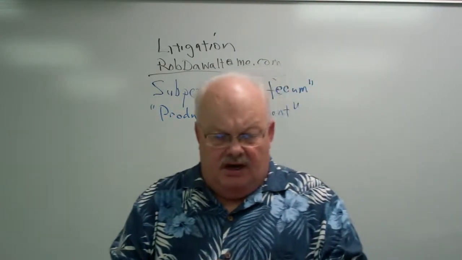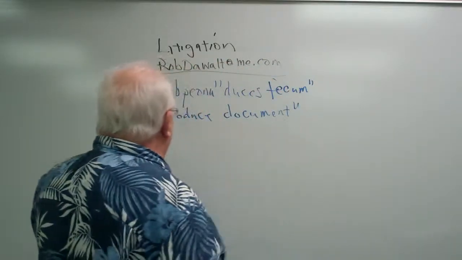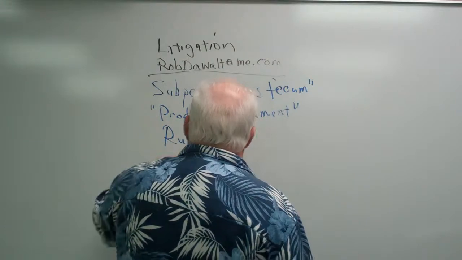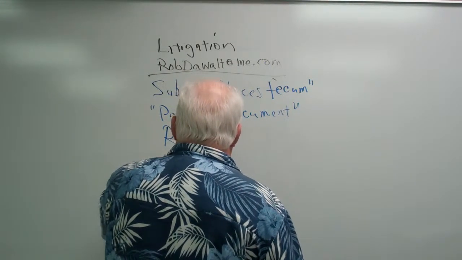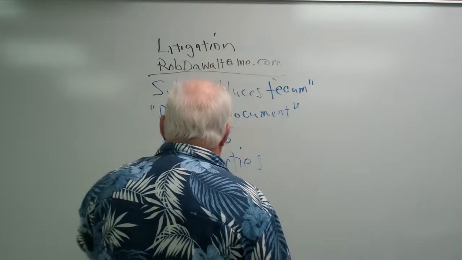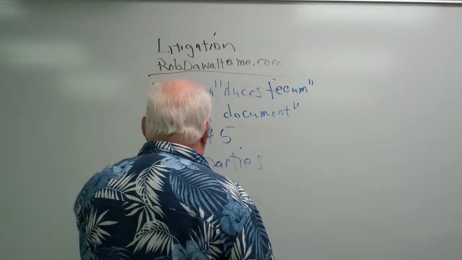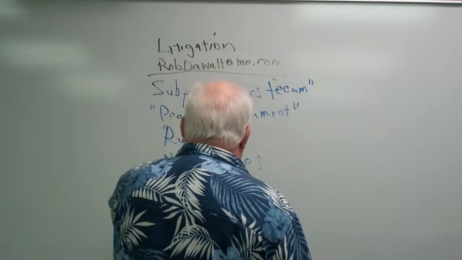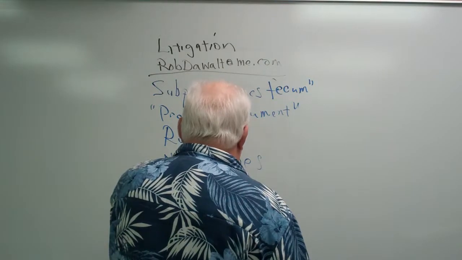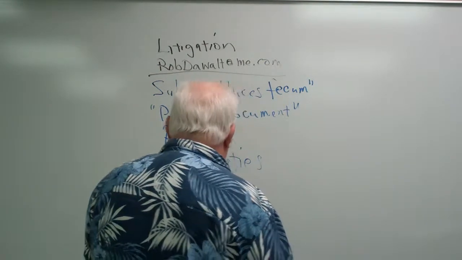Also note that in Rule 45, request for production can be served on non-parties. Non-parties. Well, who's a non-party? It could be a person's doctor. Let's say it's a defendant's doctor. It could be the employer. It could be a number of different people that have some kind of relationship.